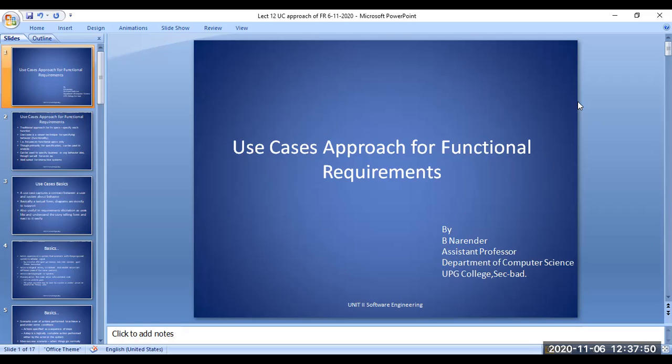Diagrams help us understand things in a better way than text. So in the coming classes, we are going to see such things as diagrammatic representations of particular situations. So this is all for today.